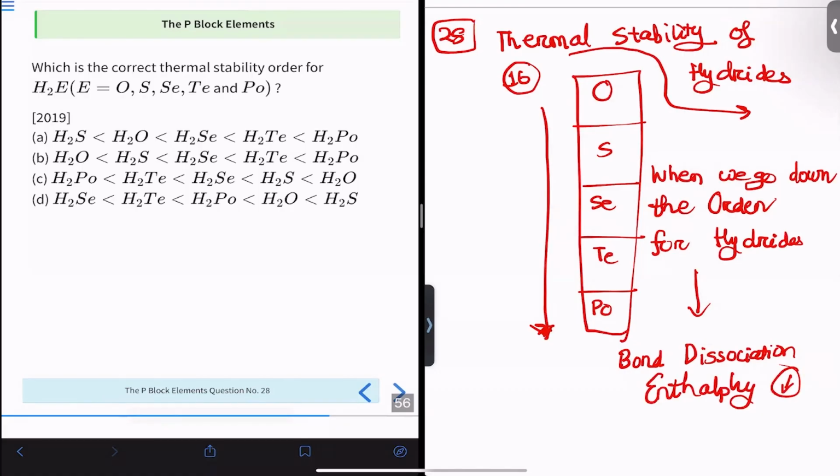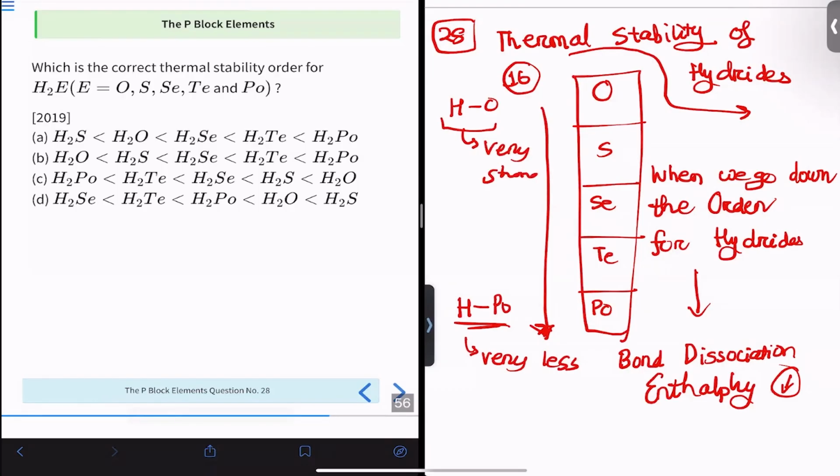What does it mean? That means the bond between hydrogen and polonium has a very less bond dissociation enthalpy, whereas the bond between hydrogen and oxygen is very strong. It has a very high bond dissociation enthalpy.